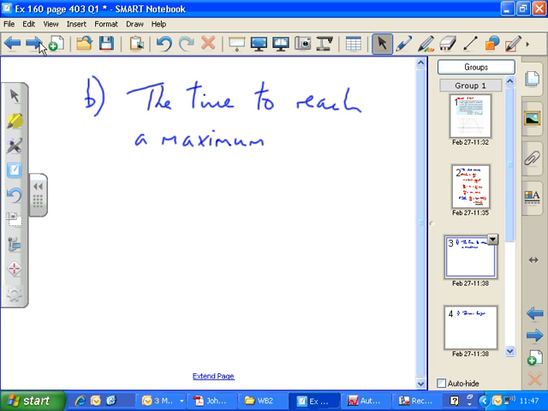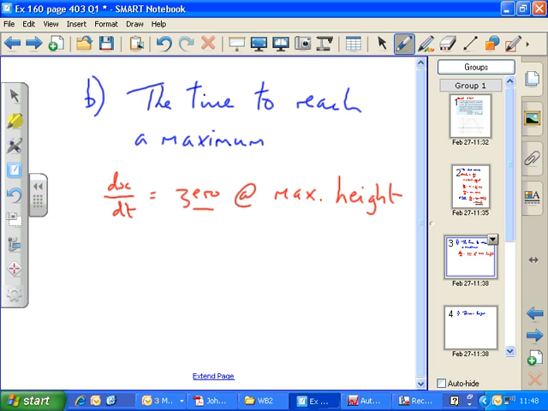Part B, what's the time needed to reach the maximum height? So first of all, what we need to do is recognise that at the maximum height, dx by dt, the velocity, is 0. We've got an expression for the velocity, dx by dt, and that is 100 minus 25t.